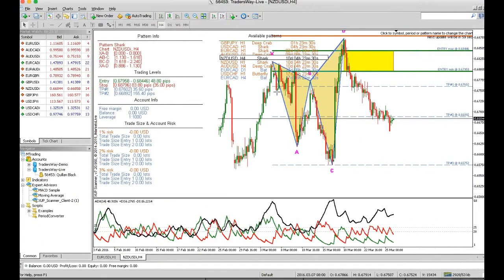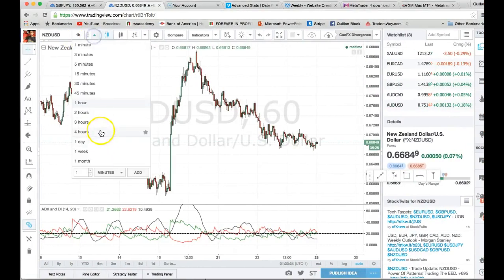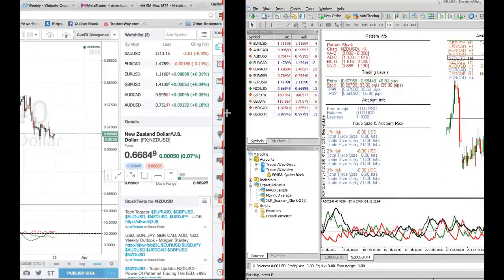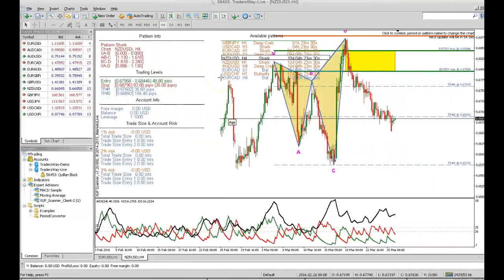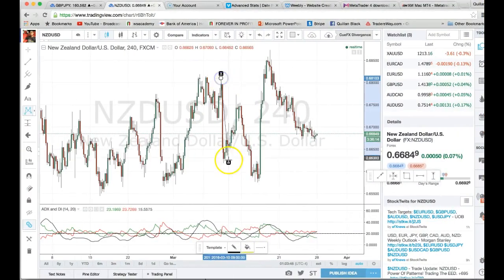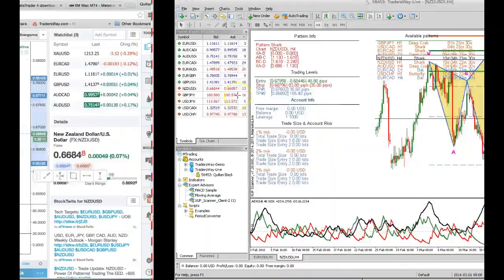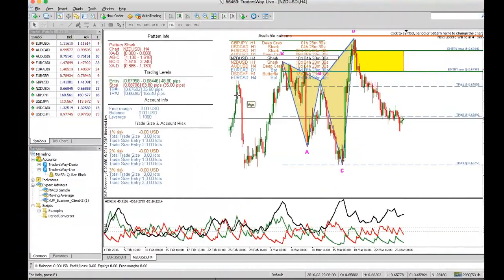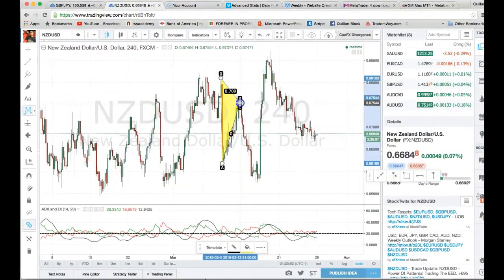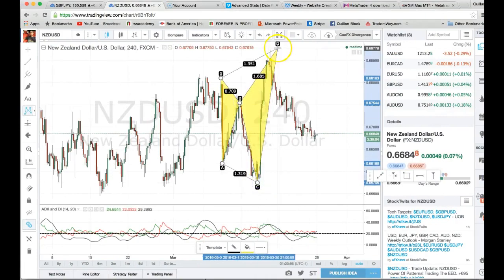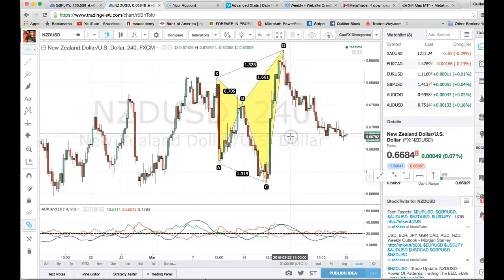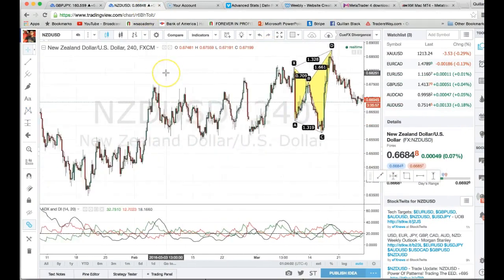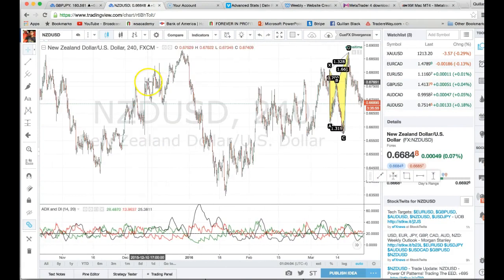Okay, all I'm doing is basically taking the information that the scanner is giving me and throwing it on the charts, then adding my technicals to it. Once again, this right here is on H4, so just take that into consideration also.